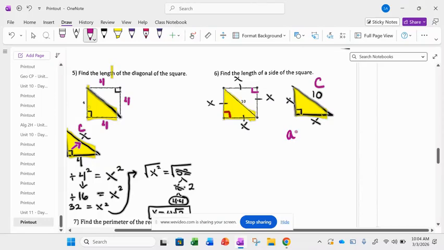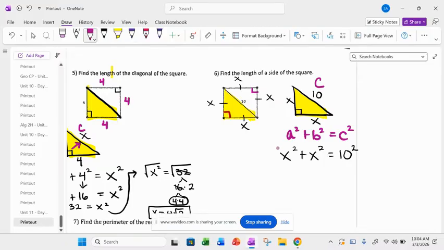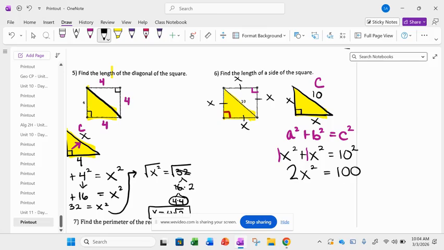So when I have a squared plus b squared equals c squared, it's going to be x squared plus x squared equals 10 squared. Now we have x squared plus x squared is not x to the 4th. It is not. What is 1x squared plus 1x squared? 2x squared equals 10 squared, which is 100.